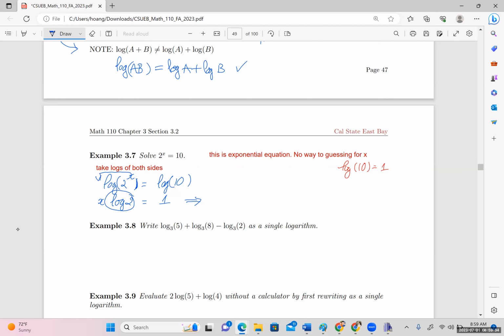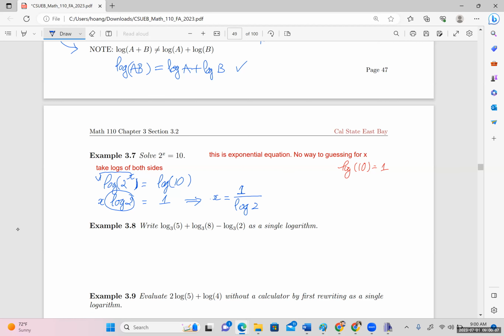Yes, but to make it more simple, just think of it as a number. So x is multiplied by a number, so in order to solve for x, you can just divide by that number. Do you agree with me? So you're going to have x equal to 1 divided by log 2.